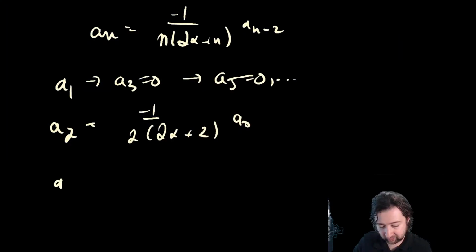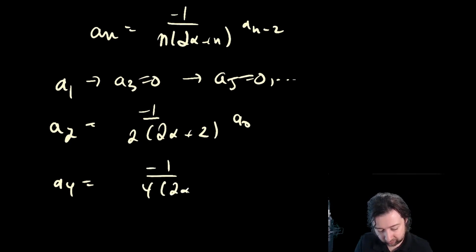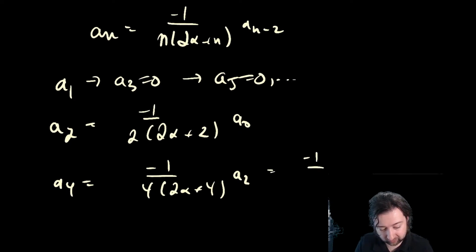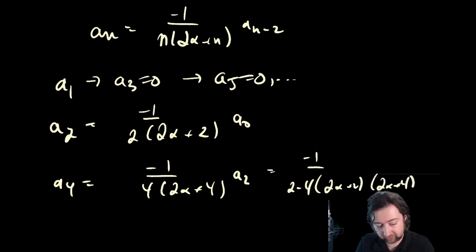Well, if you look specifically at a_4, you have minus 1 over 4 times (2 alpha plus 4) times a_2, except I know a_2, so I can write minus 1 over 2 times 4 times (2 alpha plus 2) times (2 alpha plus 4) times a_0, and then there's another negative 1 on top, so that this all becomes a minus 1 squared.